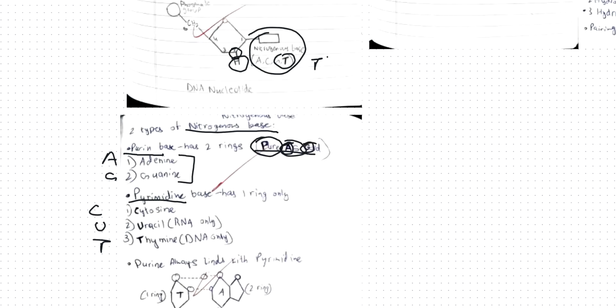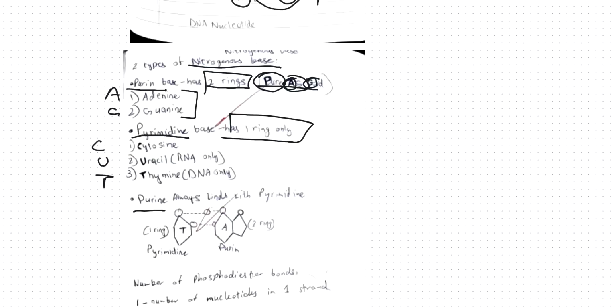Remember that purine bases, adenine and guanine, have 2 rings, whereas pyrimidines, the cytosine, uracil, and thymine, have 1 ring only. And also remember that the purine bases will always bind with the pyrimidine bases. What do I mean by this? The purine base, for example, adenine, will bind with the thymine or the uracil, whereas the guanine would always bind with the cytosine.